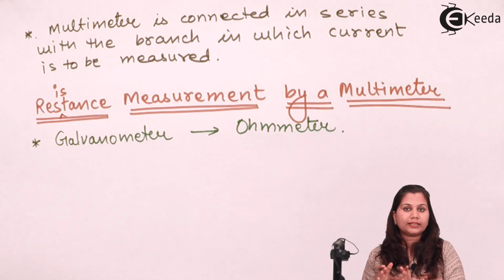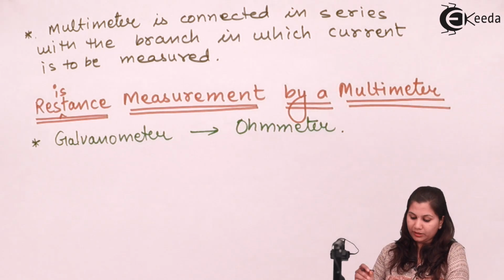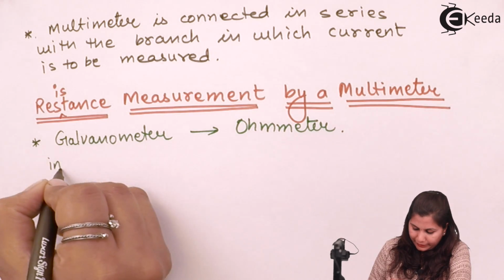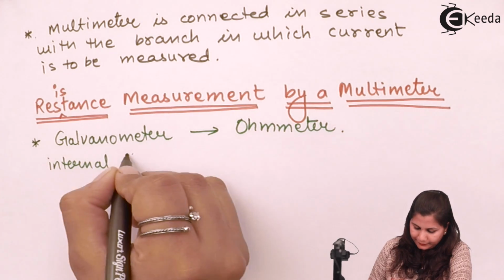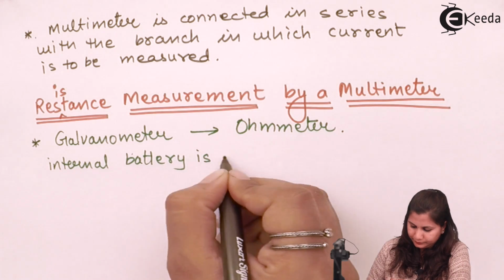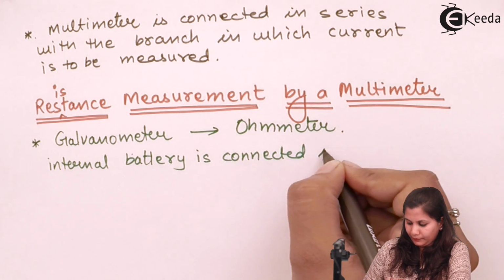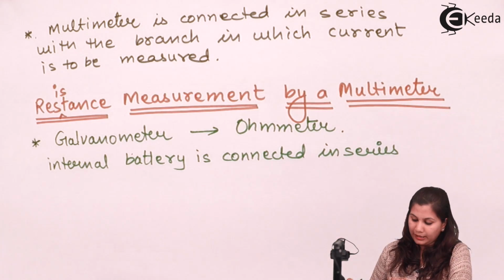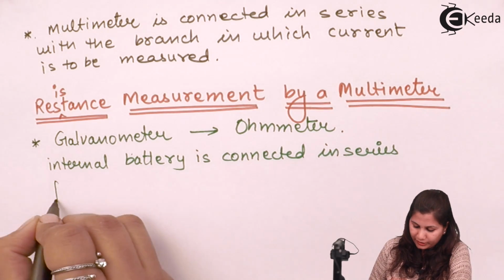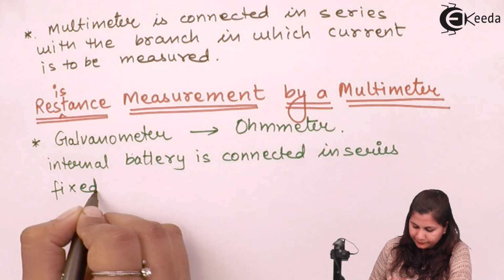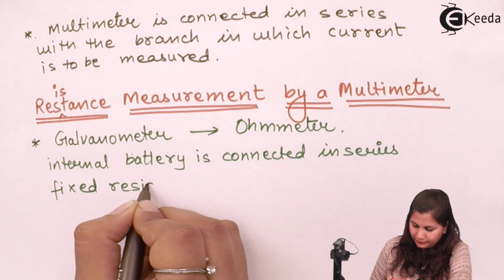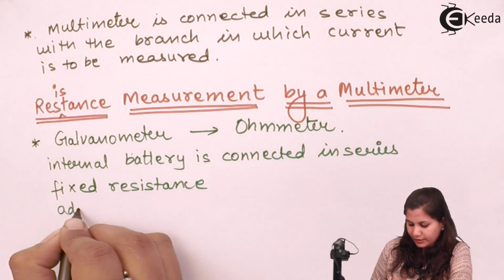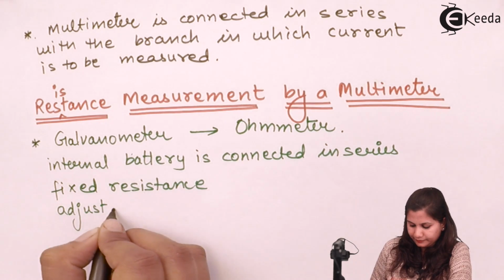To convert the galvanometer into an ohm meter, an internal battery is connected in series with the galvanometer, and also there is a fixed resistance and one adjustable resistance.